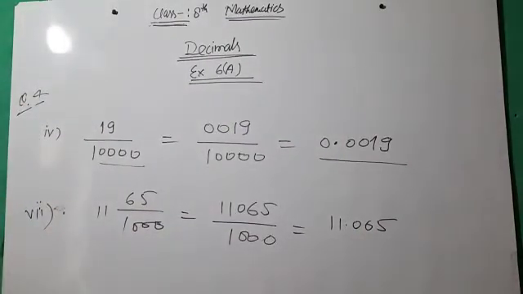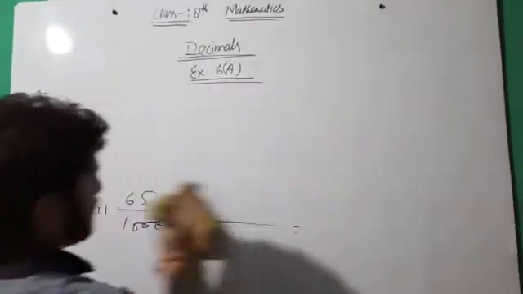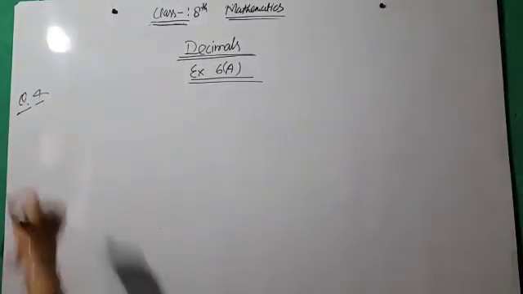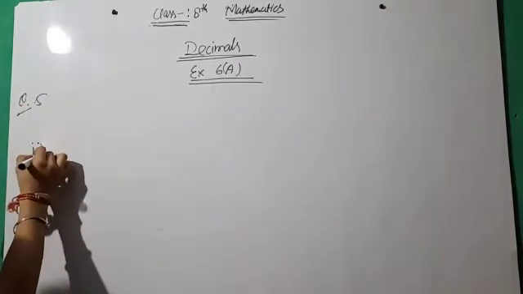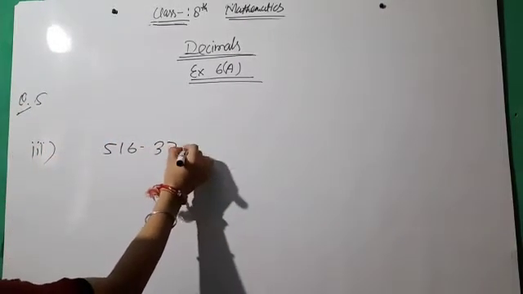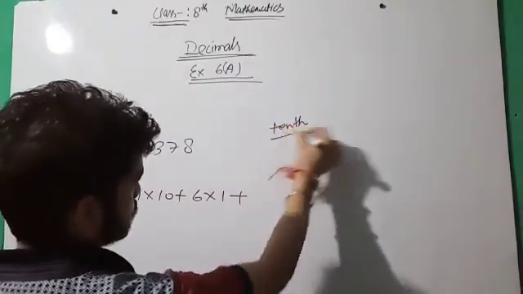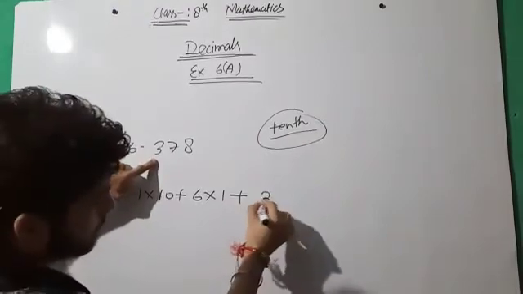Question number 5. Write the following in expanded form. We are taking the third part, 516.378. Just expand this value by putting the place value of each digit. 5 is in the hundreds place, so 5 into 100. 1 is in the tens place, so 1 into 10. 6 is in the ones place, so 6 into 1, plus 3 tenths. 3 is in the tenths place, that is 3 by 10.